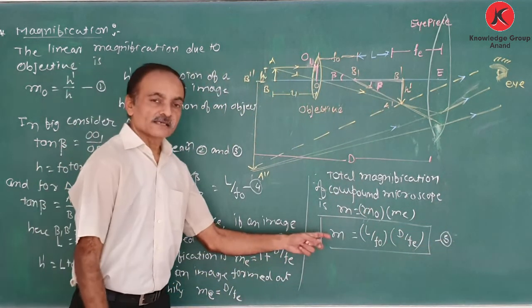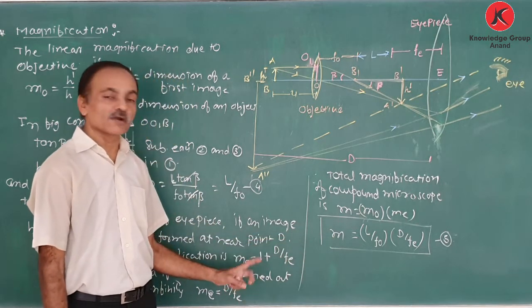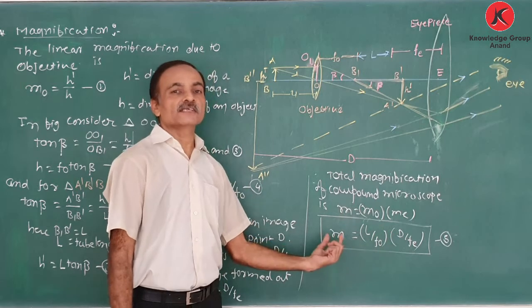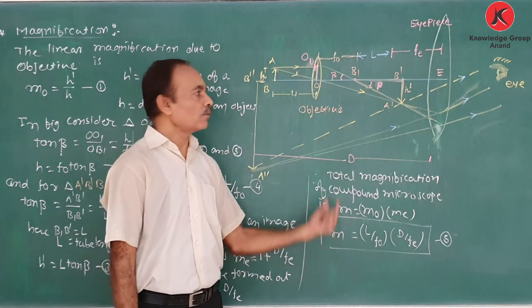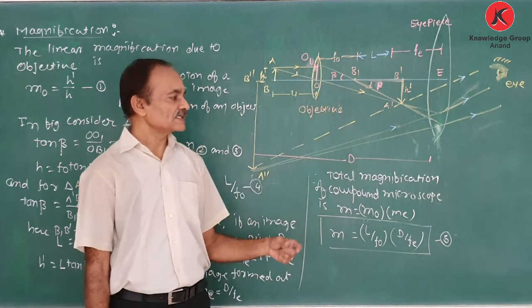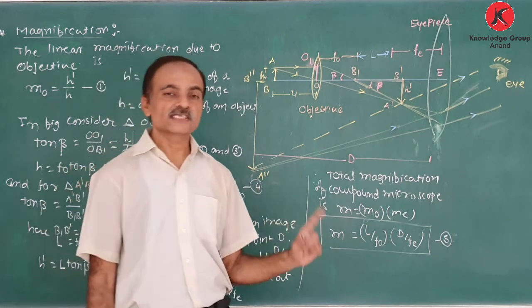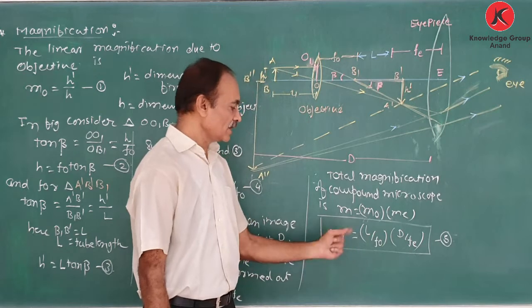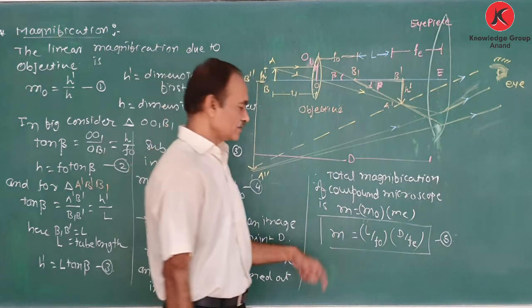To obtain the large magnification of a small object, the objective and eyepiece should have a small focal length. Or what are the objective and eyepiece I use? Should have a small focal length, because if F0 and FE are large, the magnification is small.